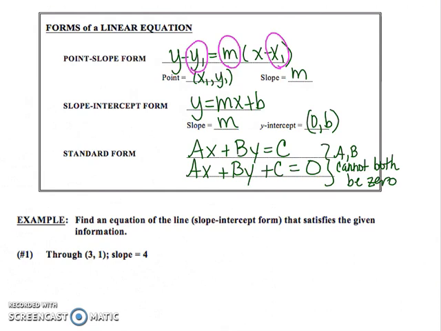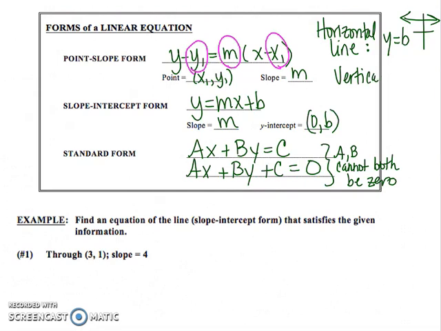You either have a horizontal line, okay, that's the equation y equals b, and you have a line that looks like that, or the other possibility is that you can have a vertical line, and that's when you have x equals some number a, and you have a line that looks like that.